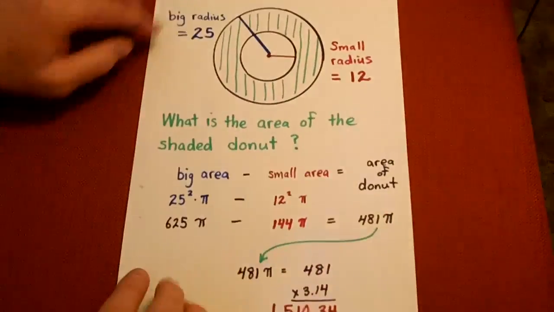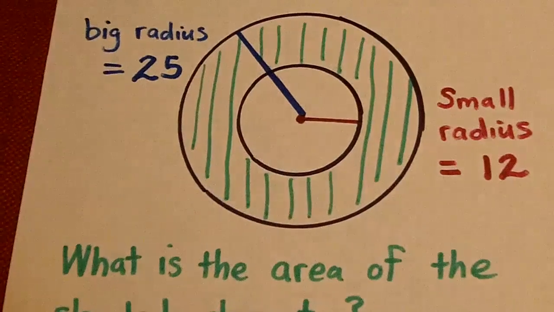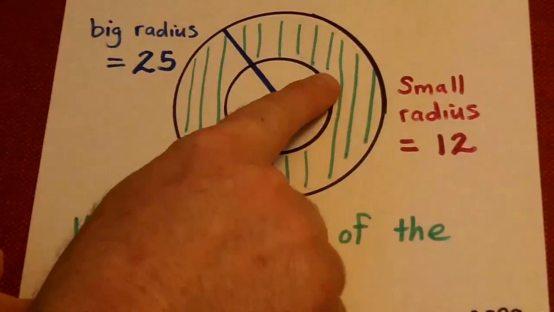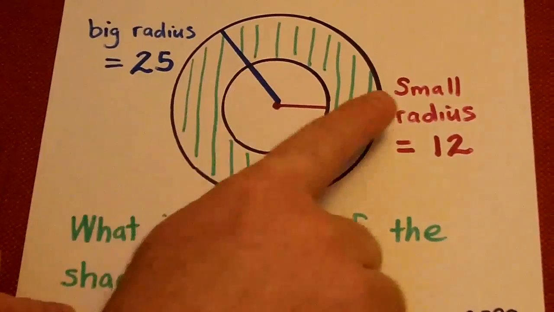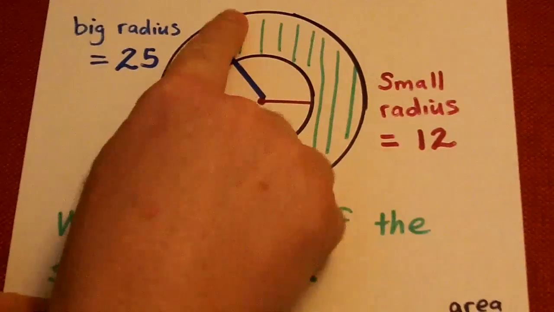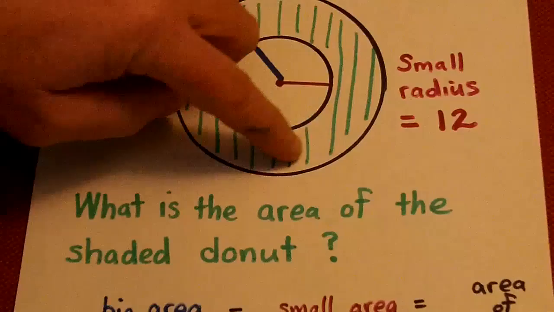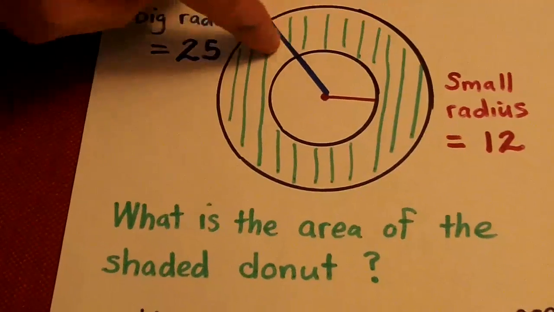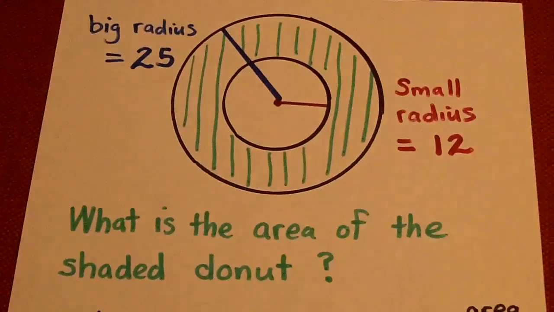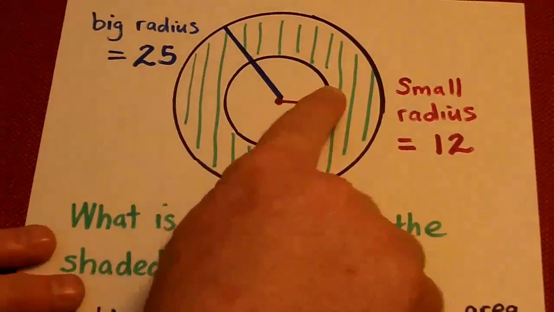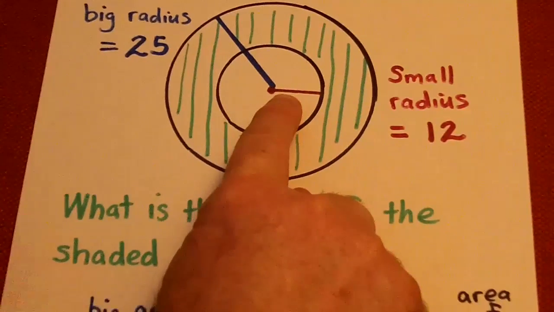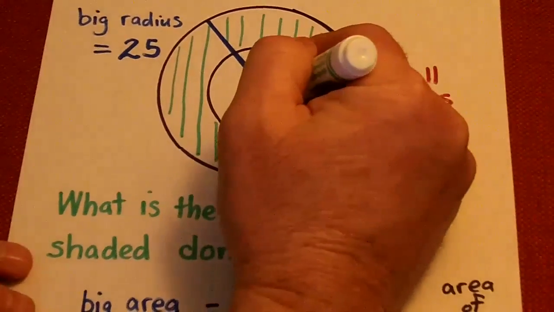Another kind of tricky problem might be something like this. We have a little circle within a much bigger circle, and we have to find the surface area of this donut-like object. Let's say the smaller circle has a radius of 12.